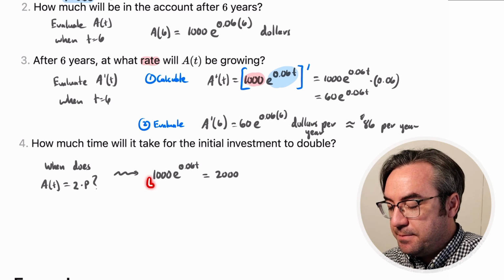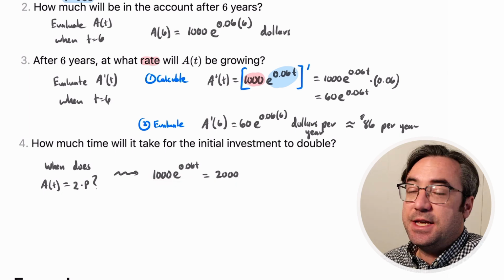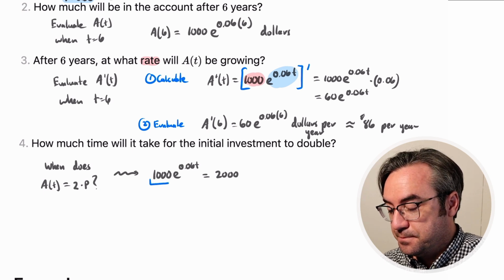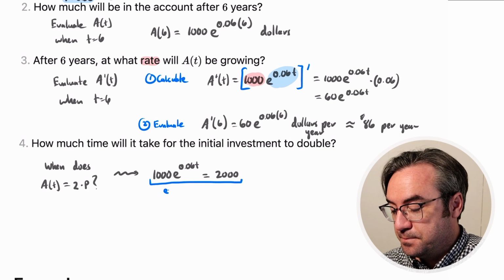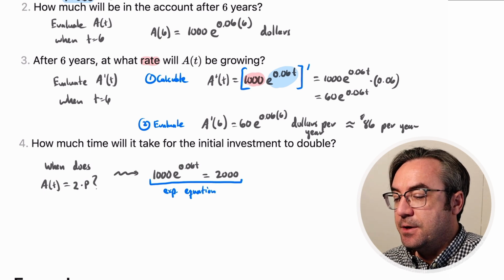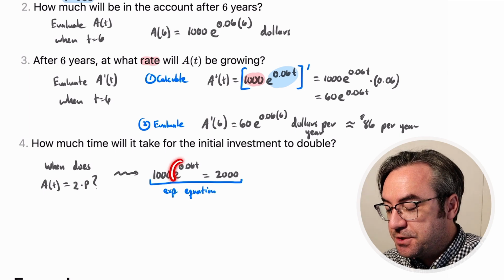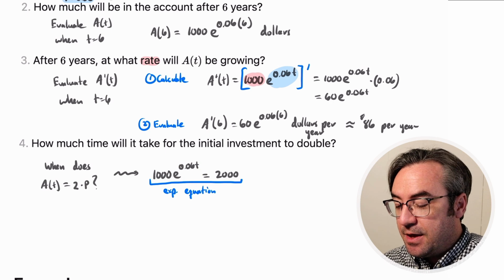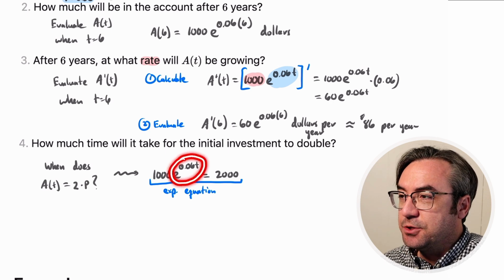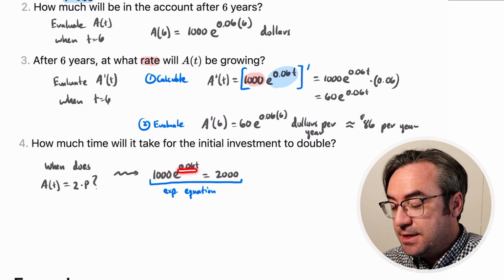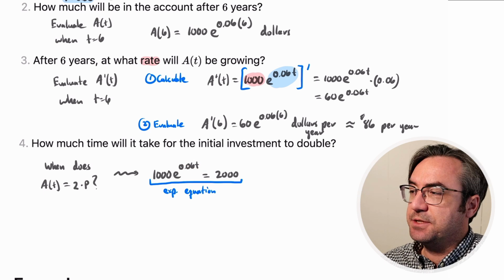Now, this is an exponential equation, and we've seen a strategy for how to solve these. Our strategy is to first solve for the exponential piece, and then once we've isolated that exponential piece, we apply the natural log function to both sides so that we can get the t out of the exponent.